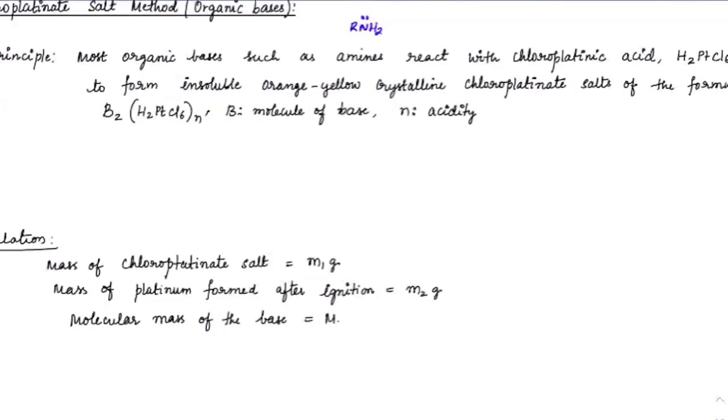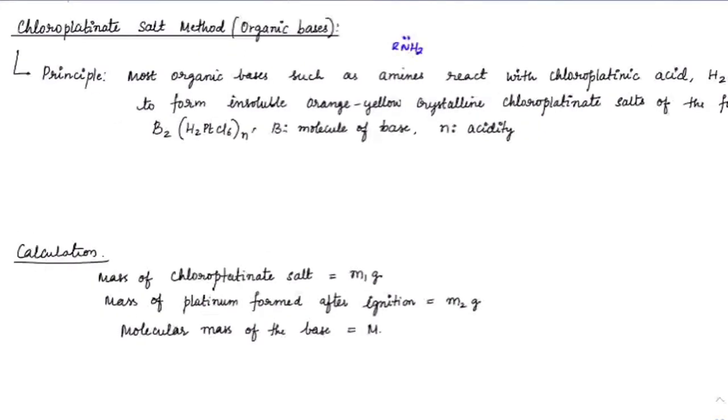Okay. Let me show you by equation here. Suppose this B represents the amine base, this is a base which I am taking. So think this way, if I take 2B plus N moles of H2PtCl6. Why am I taking 2 here? Because chloroplatinic acid has 2 protons, 2 H plus.